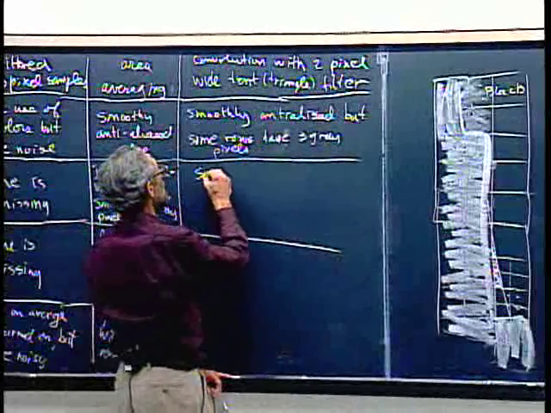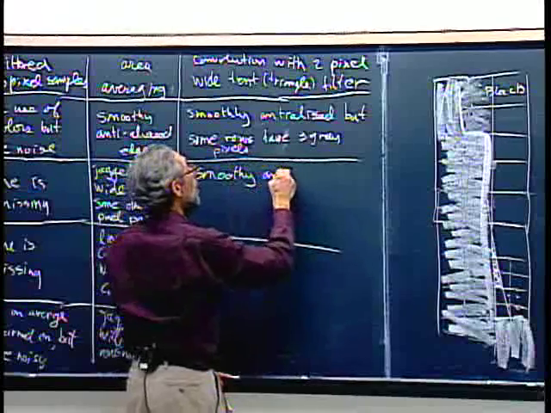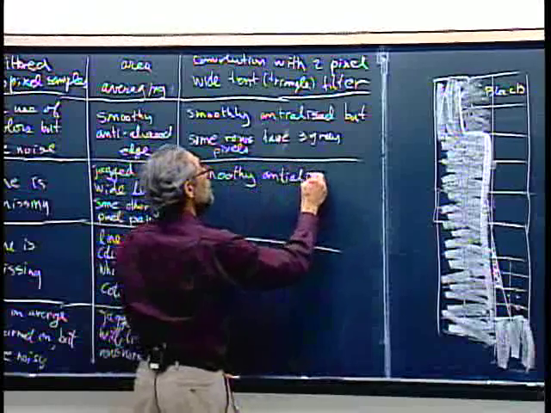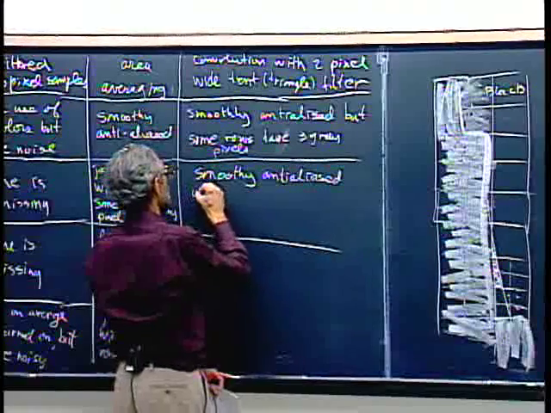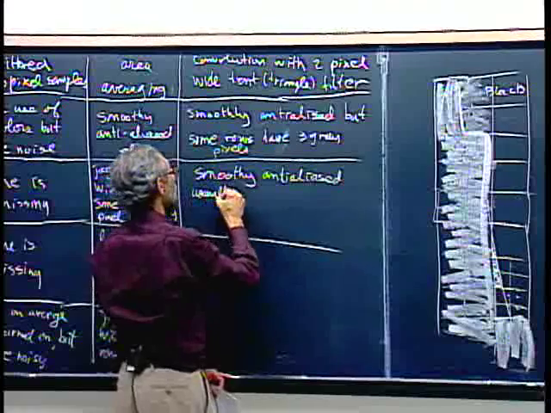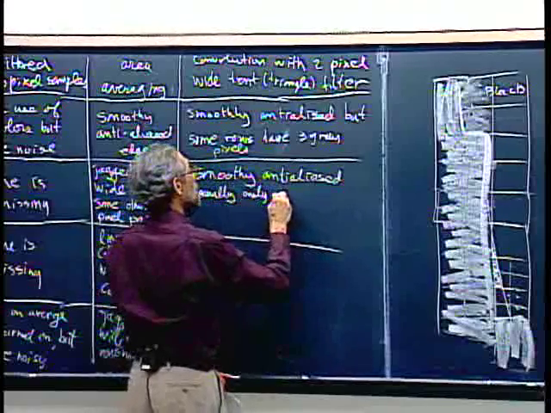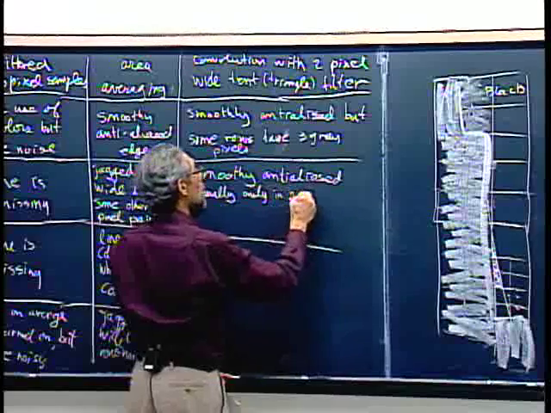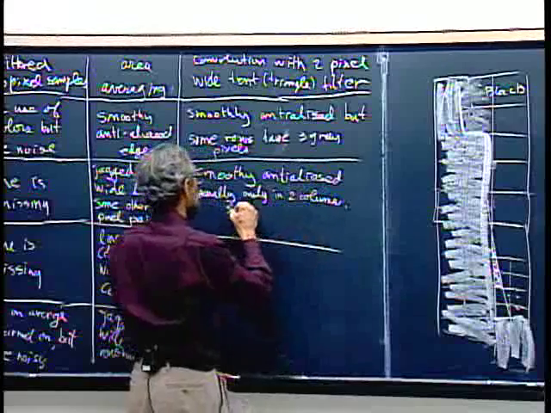Now it's smoothly anti-aliased. Usually only in 2 columns, sometimes 3.